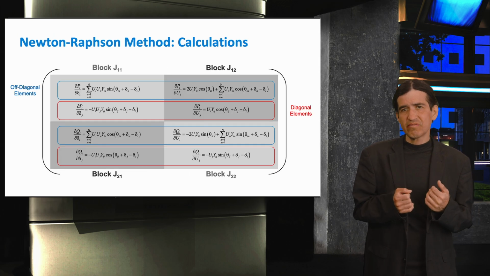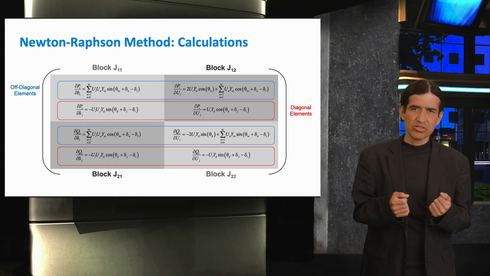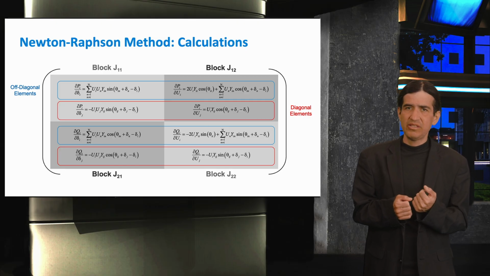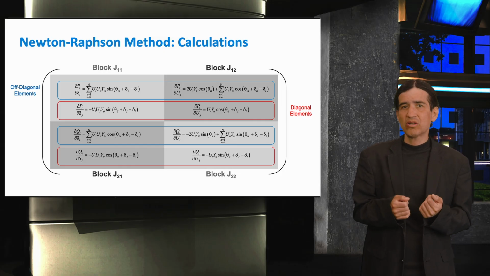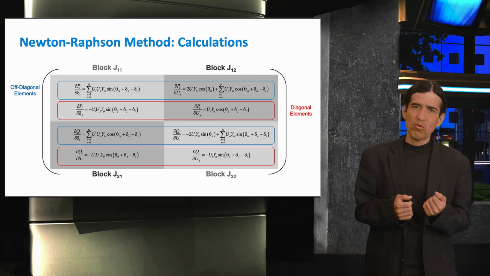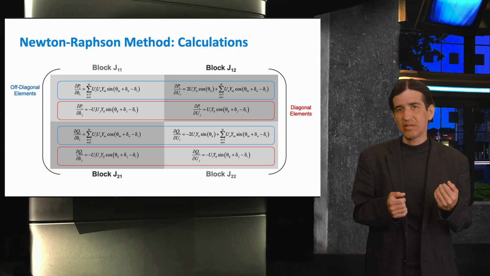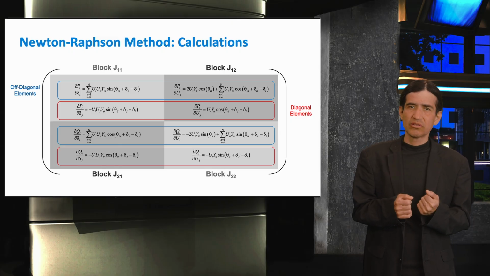The Jacobian matrix is divided into 4 blocks, each representing the sensitivity of power injections to changes in bus voltages. The top left block, G11, shows how active power changes with voltage angles, while the top right block, G12, relates active power to voltage magnitudes.